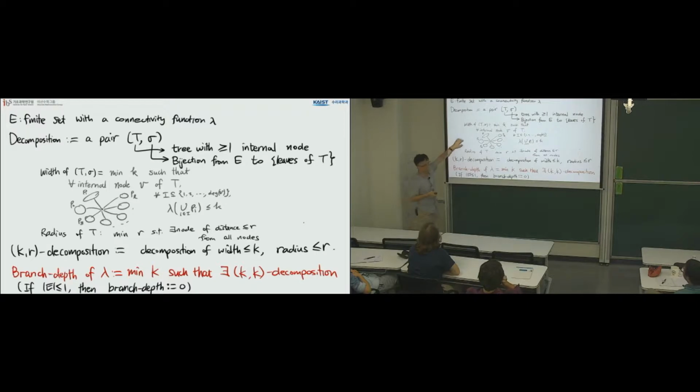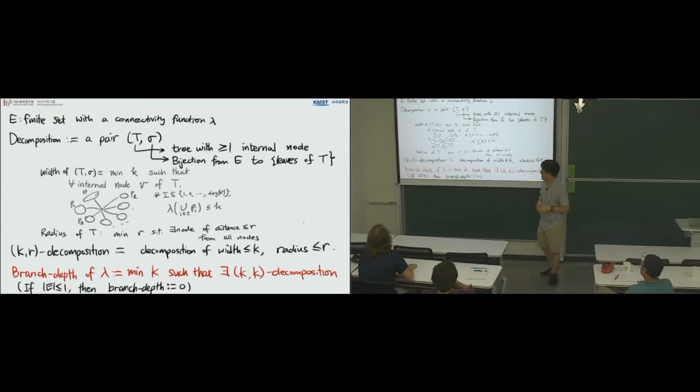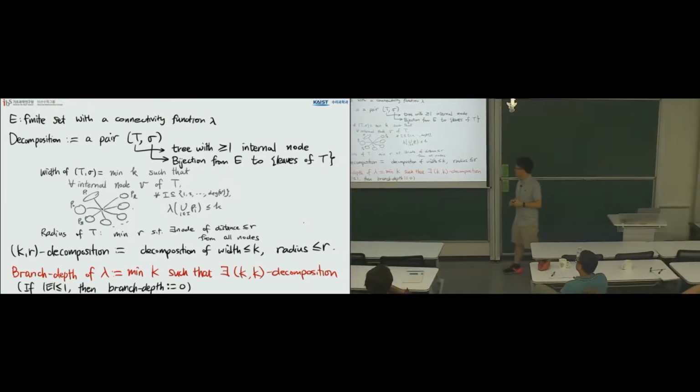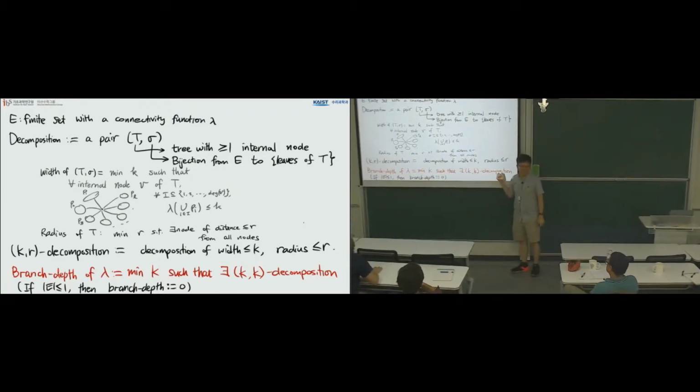But that's not the only quality. We also want to reduce the radius. So the radius of the tree is another parameter. We say something is a (k,r) decomposition if the width is at most k, and the radius is at most r. Now, the branch depth of a connectivity function is the minimum k such that there exists a (k,k) decomposition.